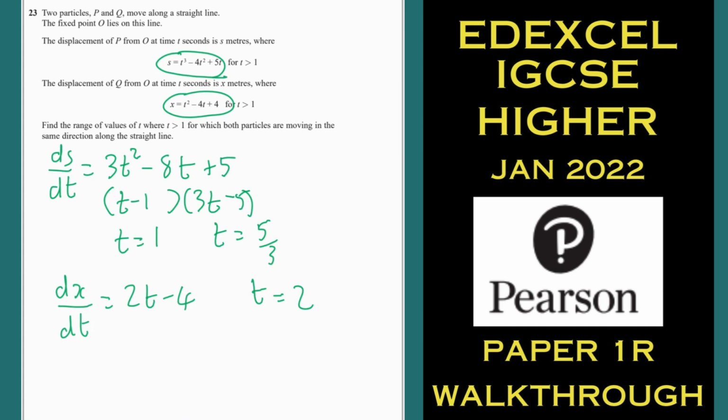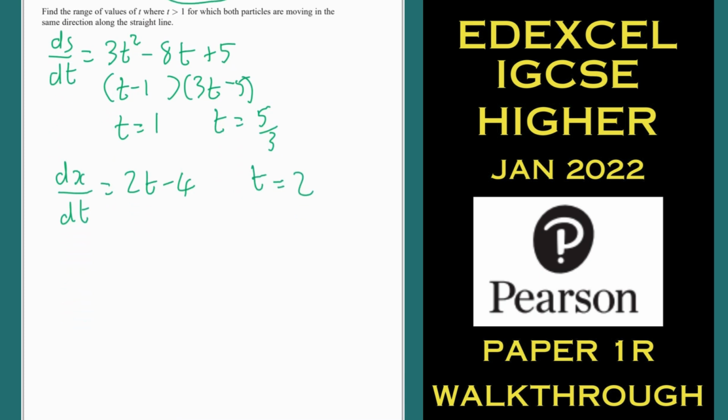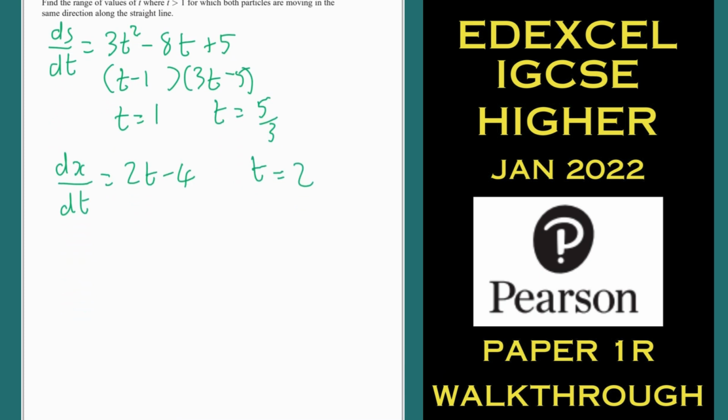Now, the idea is that they are moving along a straight line, moving left and right. So, in order to be moving in the same direction, they both need to be positive and so on. I've thought long and hard about how best to explain it. The mark scheme does a terrible job, if I'm honest.